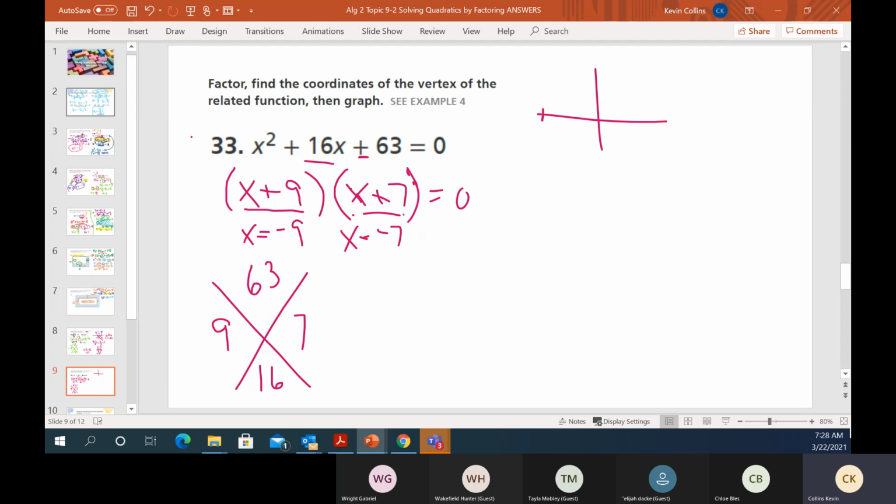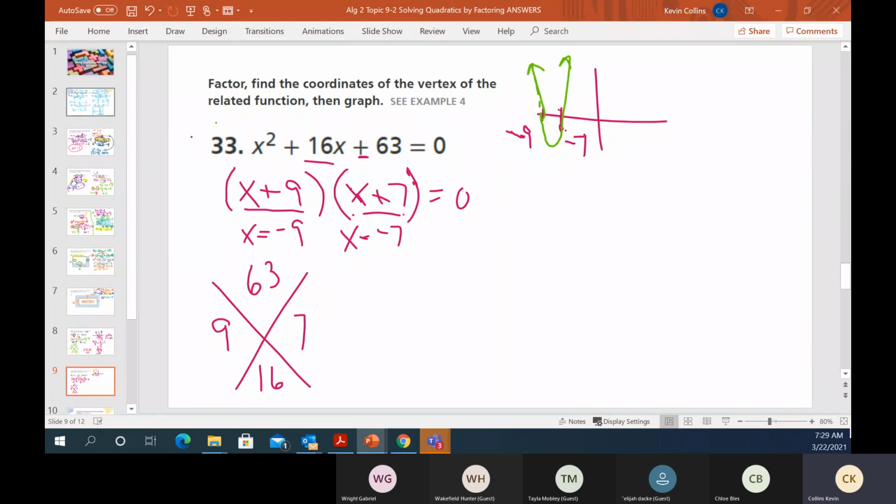So these guys are kind of close together. Okay, so -9 here. And -7. All right, not -1, -7. There we go. Okay, so then this is going to look like this, right? It's going to come down here. It's going to drop down someplace, and it's going to come back up.